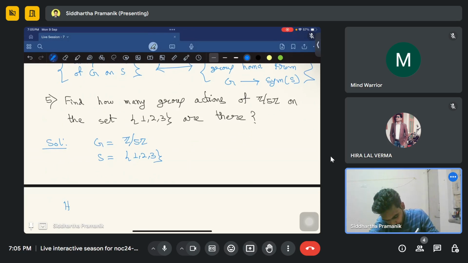So here the symmetric group of S is nothing but S3, right?